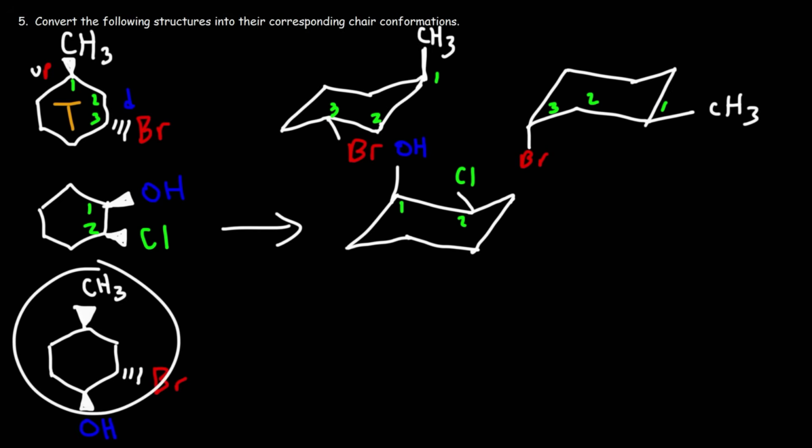Now let's focus on this one. So we can make this carbon 1 or we can make that carbon 1. We're not trying to name it using IUPAC rules. We're just putting the numbers in so we can draw the correct chair conformation. So let's count this in the clockwise direction.